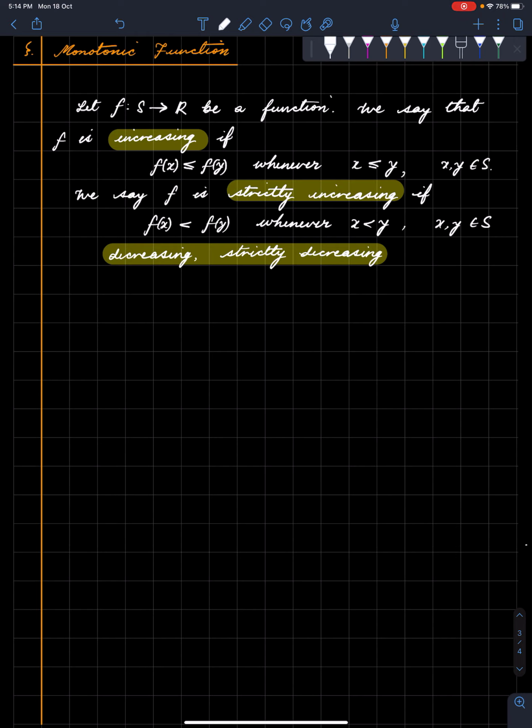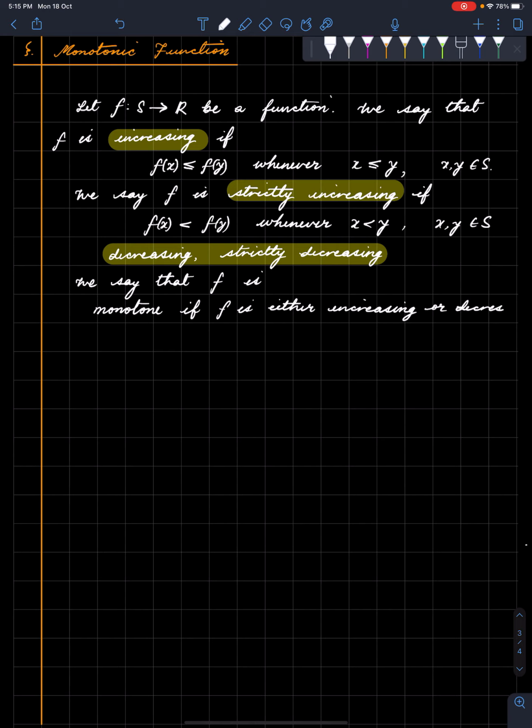and we say that f is monotone if f is either increasing or decreasing, and strictly monotone if we know what happens.